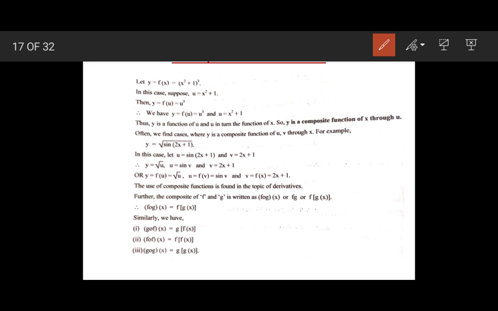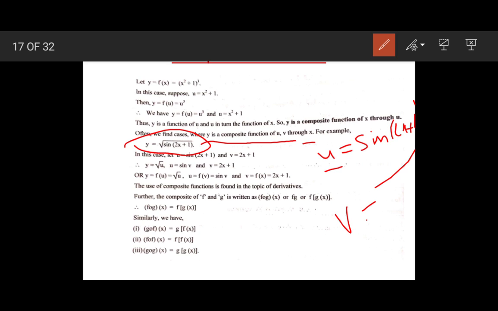So we find cases where y is a composite function of u, v through x. For example, y is equal to root of sine 2x plus 1. In this case, u is equal to sine 2x plus 1, so y is a function of u.